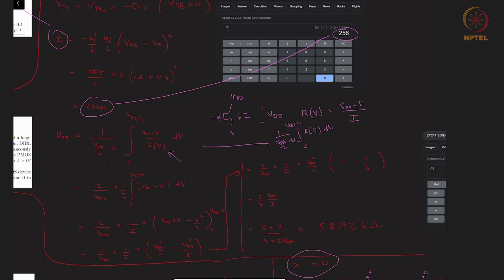If you do that and substitute the value for I, you'll get this as the expression in the end, and then you substitute the values for VDD and I, and you'll get the answer as around 5.85 kilo ohms.